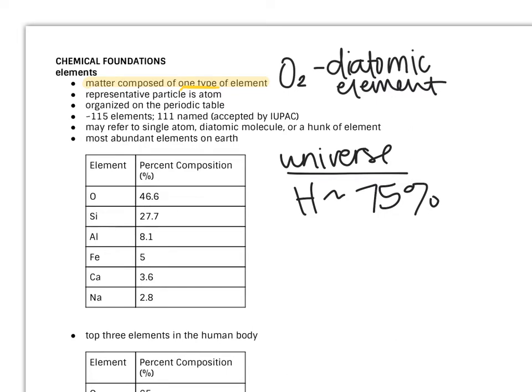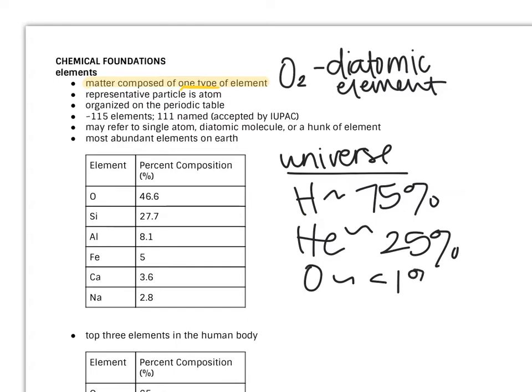And then helium makes up about 25%. And then oxygen makes up less than 1%. And then every other element that can be found is just a trace element in the universe.